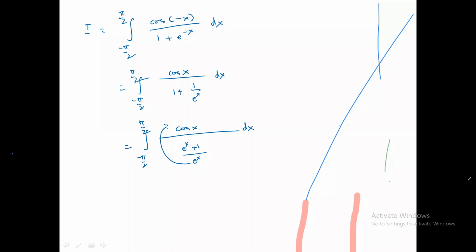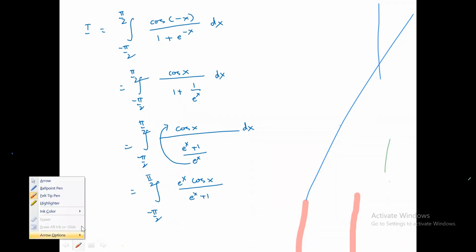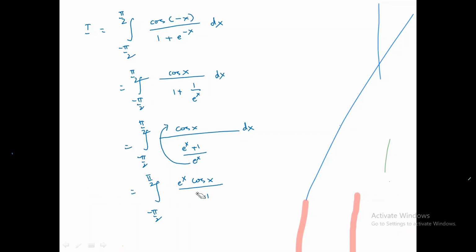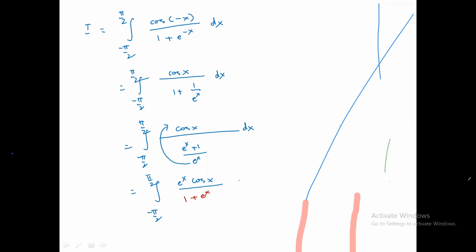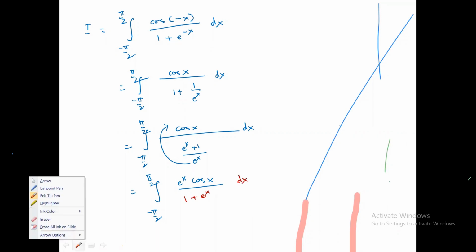This e power x I'm bringing up. So I have the integral from minus pi by 2 to pi by 2 of e power x cos x by e power x plus 1. Instead of writing e power x plus 1, I can write 1 plus e power x. Just change the order. Isn't it?